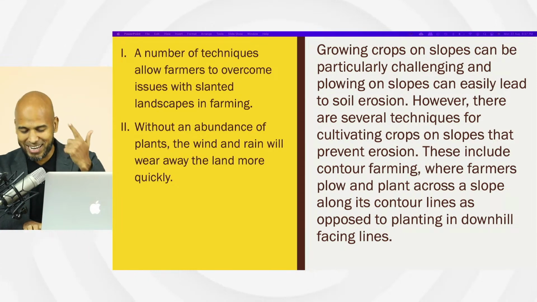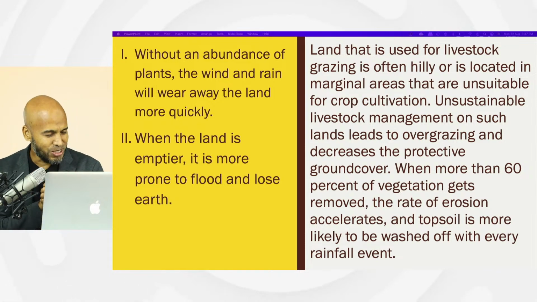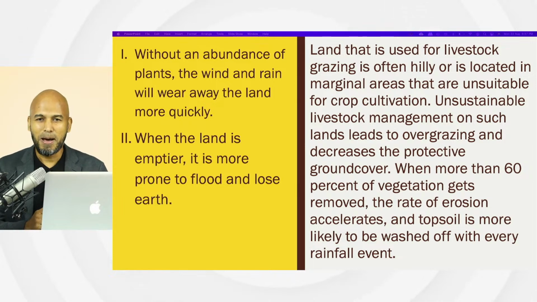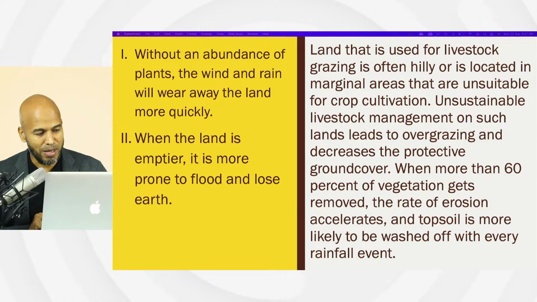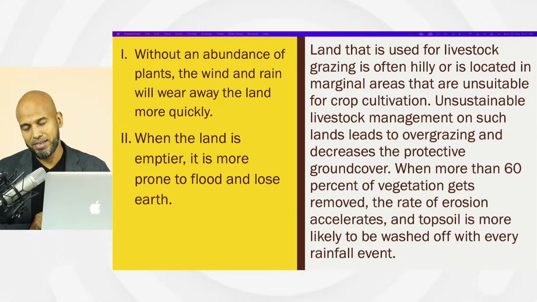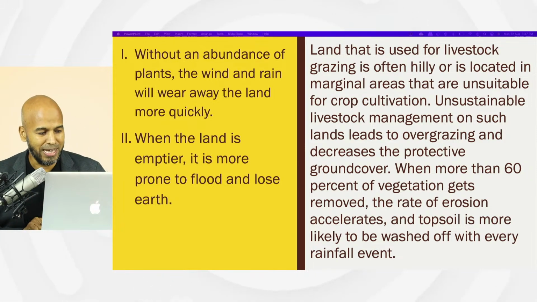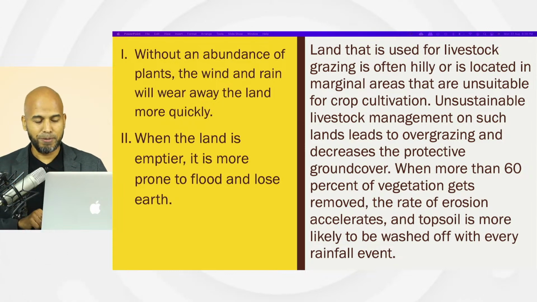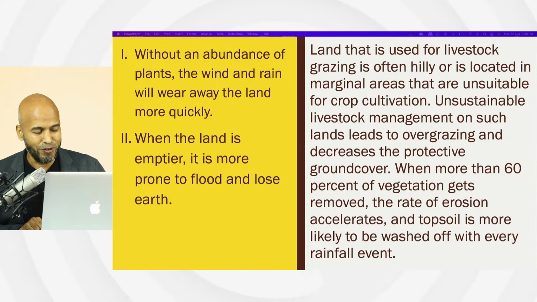Okay, I'm going to give you another task. This one is a bit tricky, but I guess you can answer. Statement number one says, without an abundance of plants, abundance means plenty, the wind and rain will wear away the land more quickly.